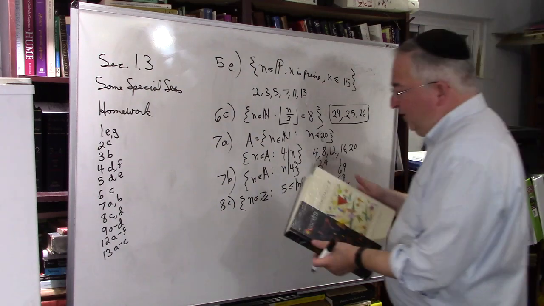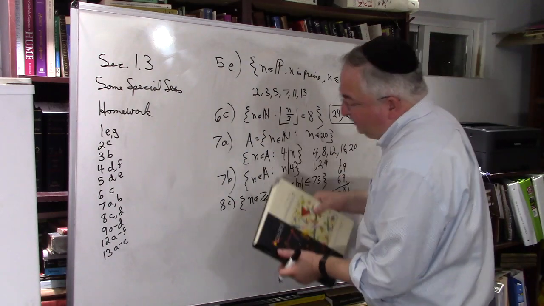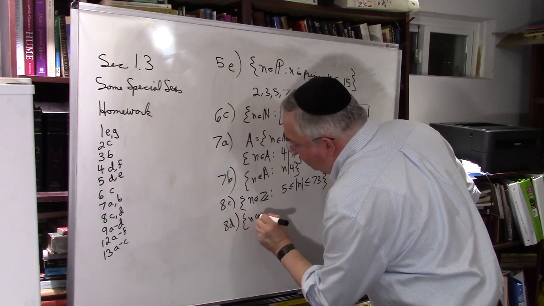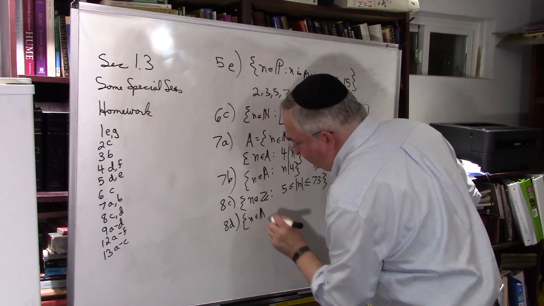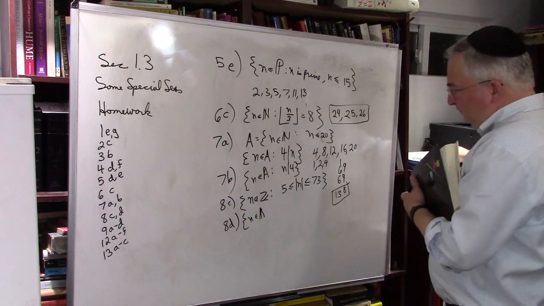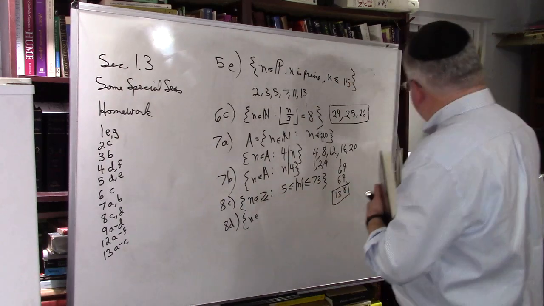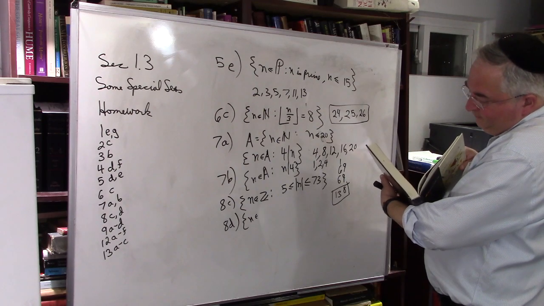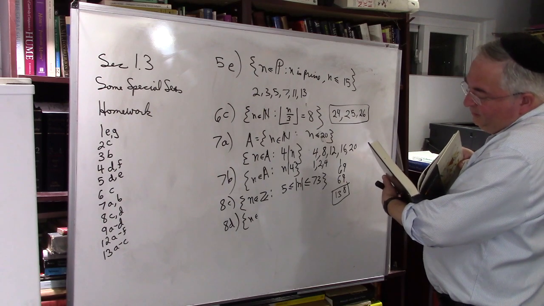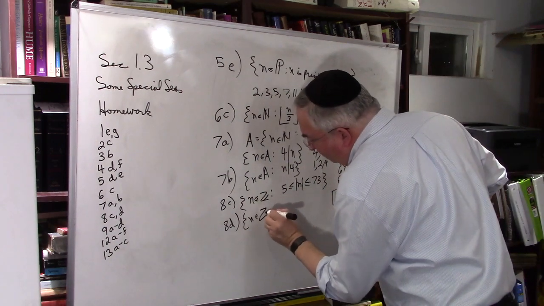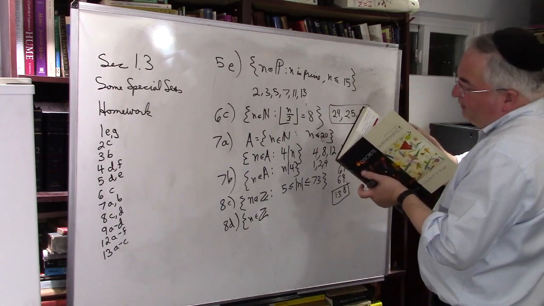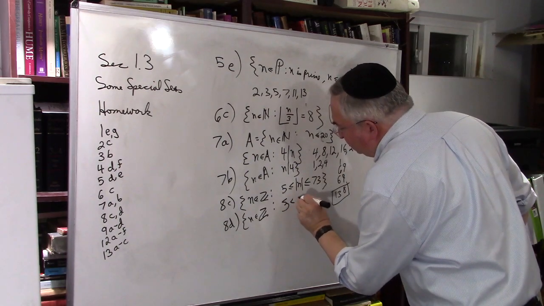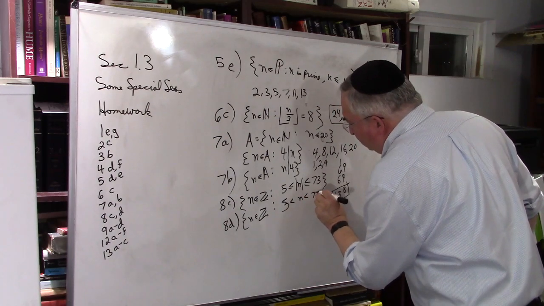8D is n member of Z, such that 5 is less than n, which is less than 73.